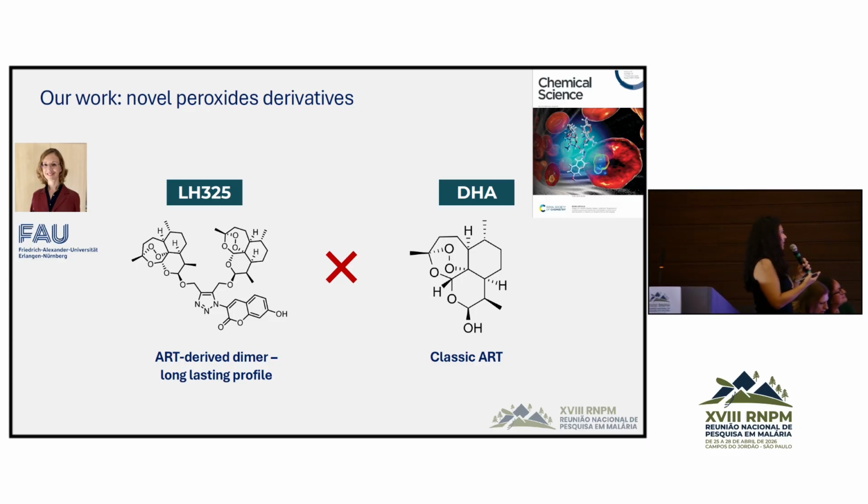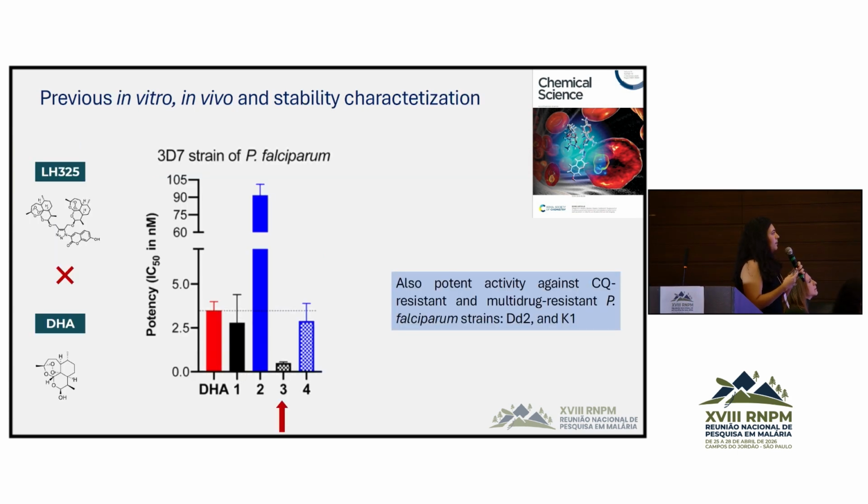It was developed in partnership with Dr. Svetlana from the University of Nuremberg. We did an in vivo, in vitro, and stability characterization of this compound. It is identified as compound 3, and we tested its potency in vitro for chloroquine-sensitive and chloroquine-resistant strains like Dd2 and K1.